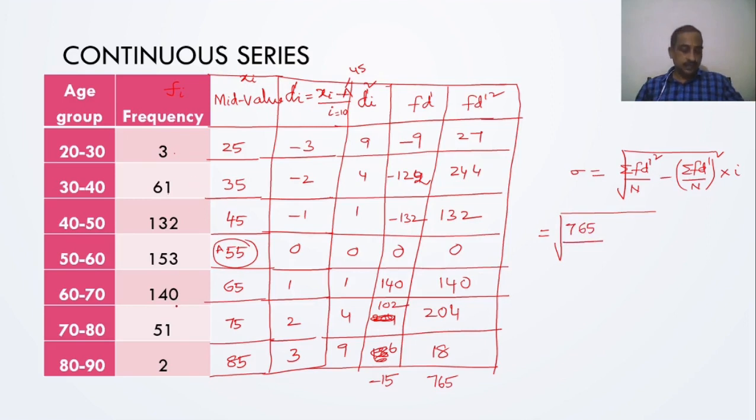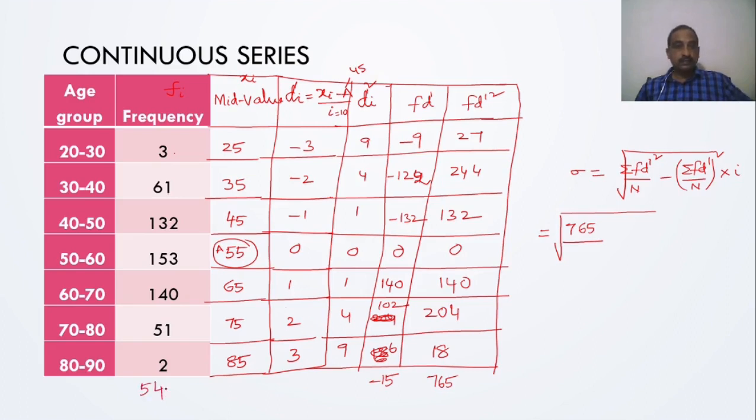The total frequency is 3 plus 61 plus 132 plus 153 plus 140 plus 51, that is 540, 542.